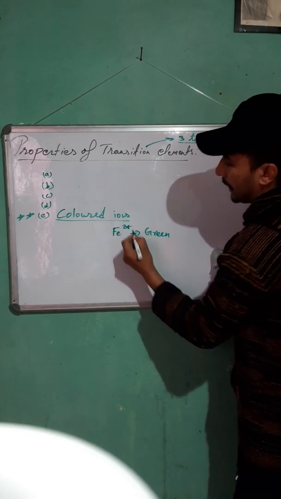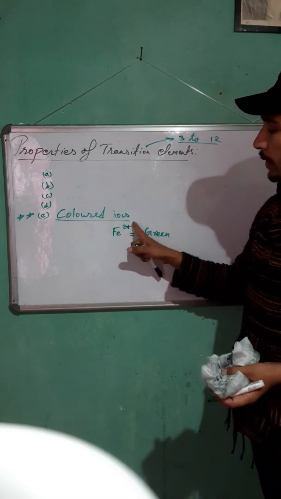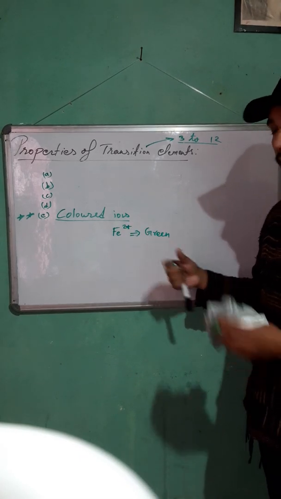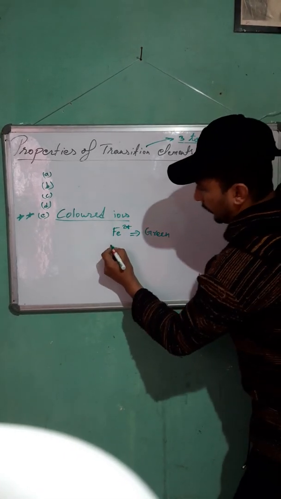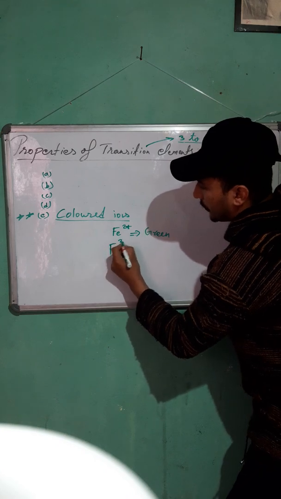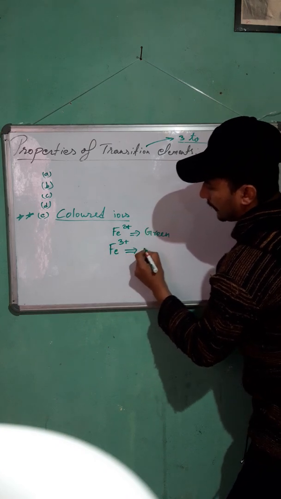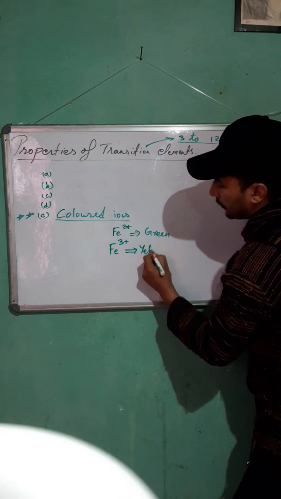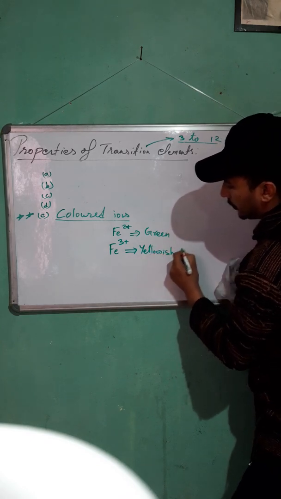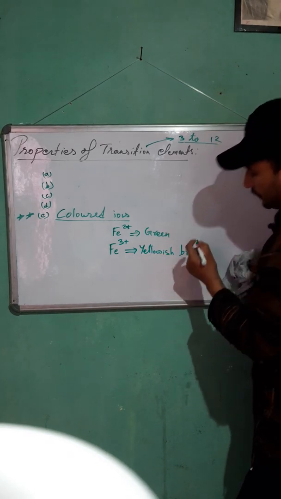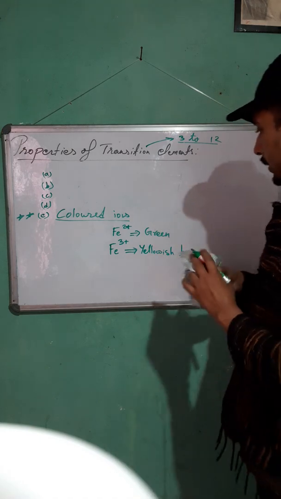Similarly, the ferric ion Fe3+ has yellowish brown color.